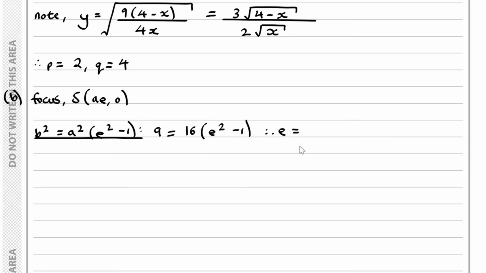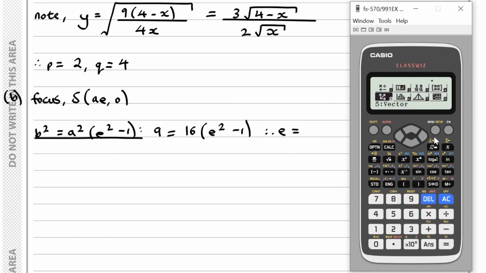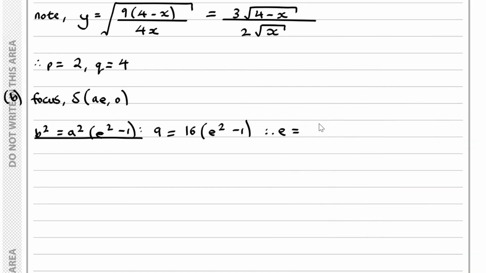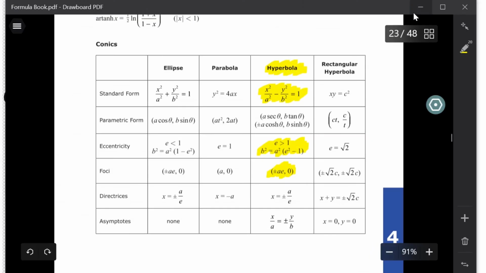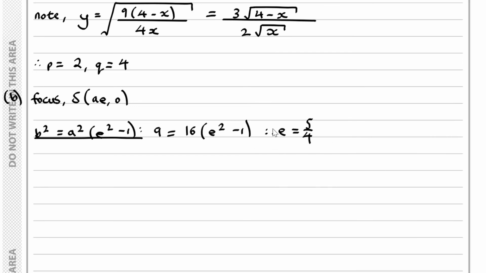So if we solve for E, we have 9 divided by 16 plus 1, square root this, we end up with 5 over 4. Okay? Remember, from the formula book, E is greater than 1, so we take the positive value.